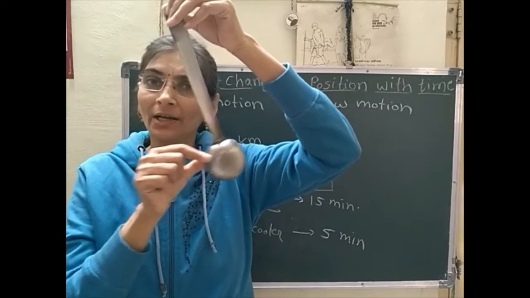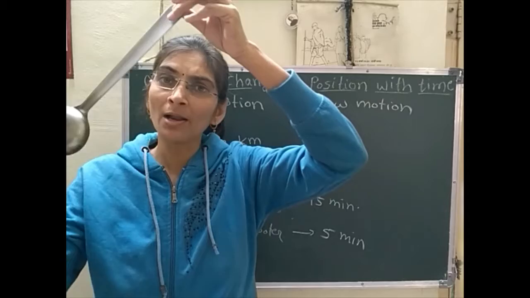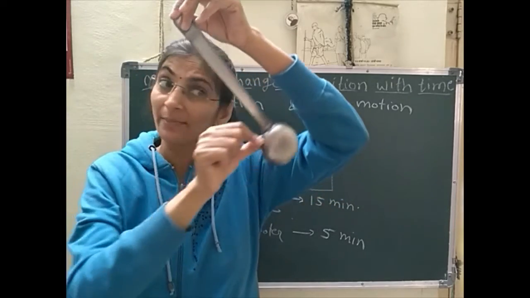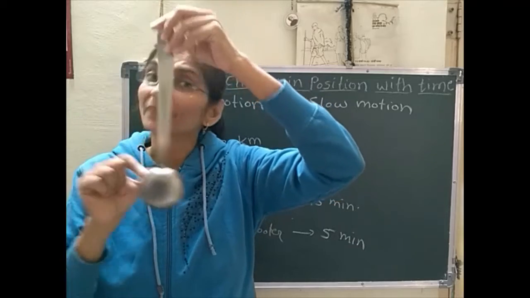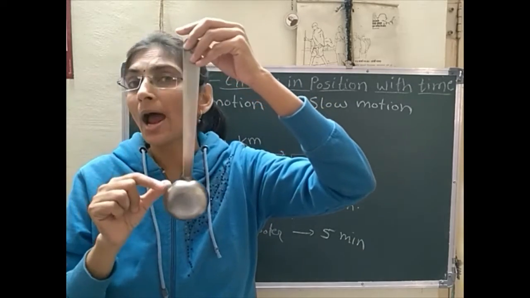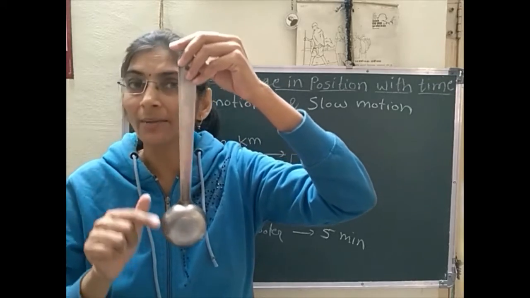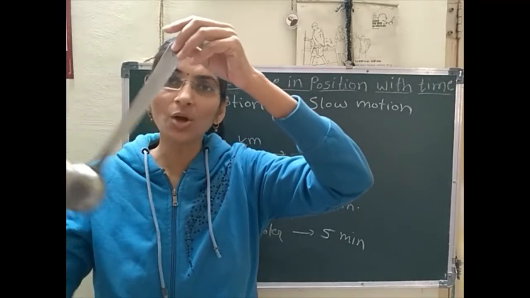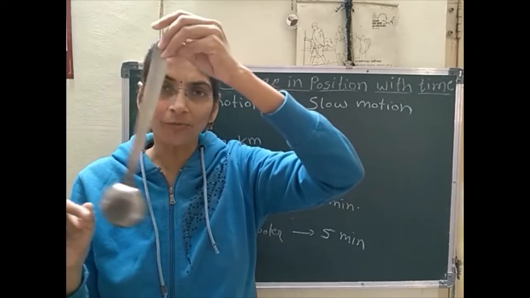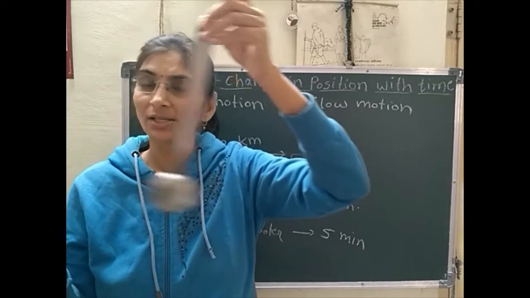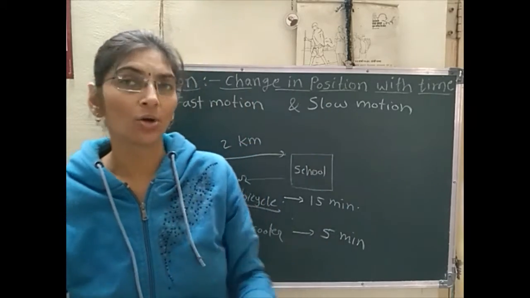Because the pendulum travels the same distance on both sides, and with the same time. The time duration is also constant. For one oscillation the time period is constant, and for another oscillation also the time period is constant.